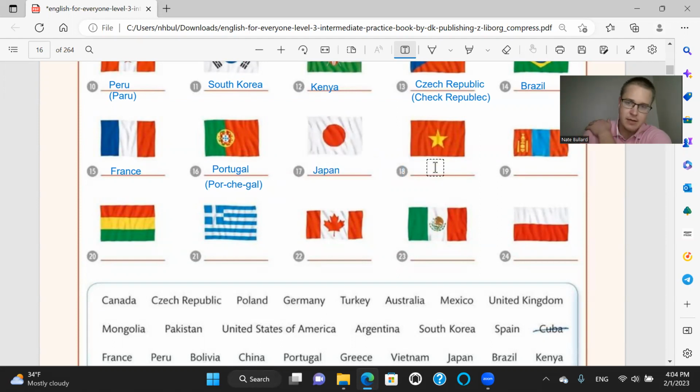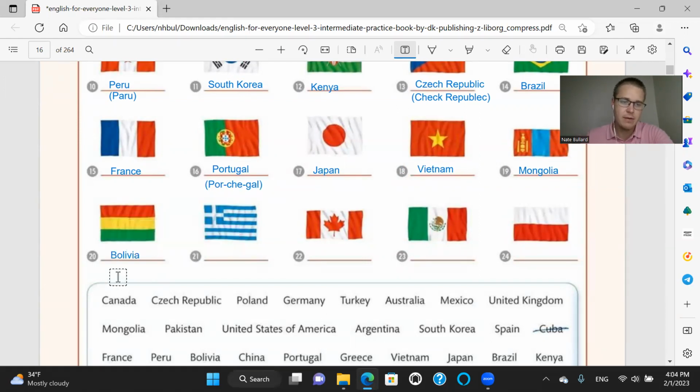Number 18, Vietnam. Number 19, Mongolia. Number 20, Bolivia.